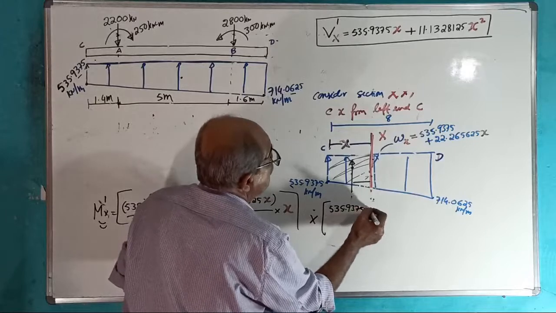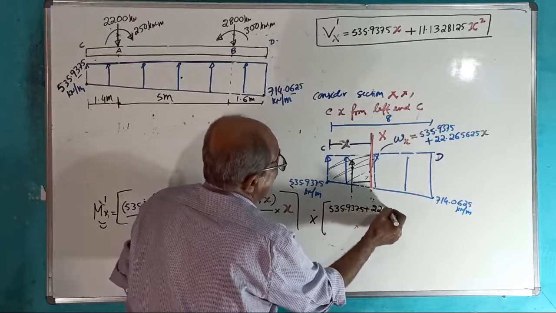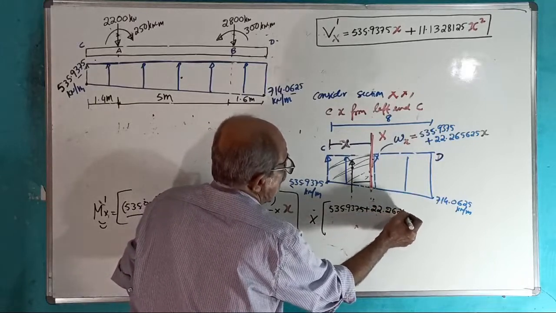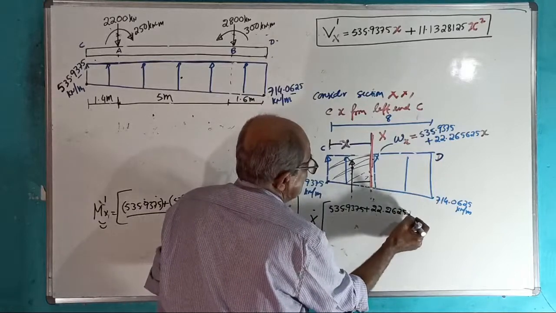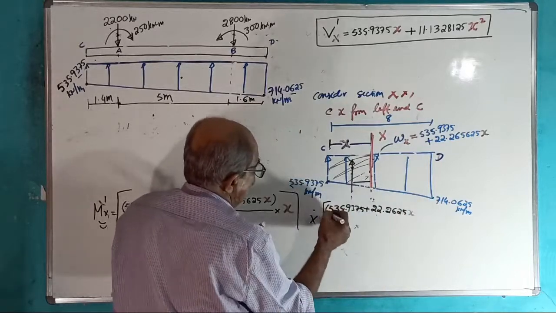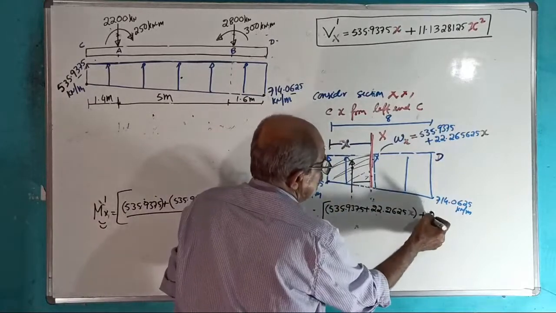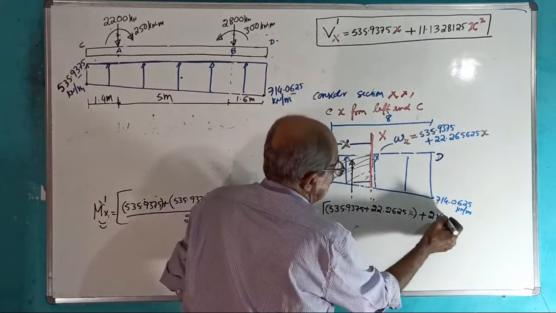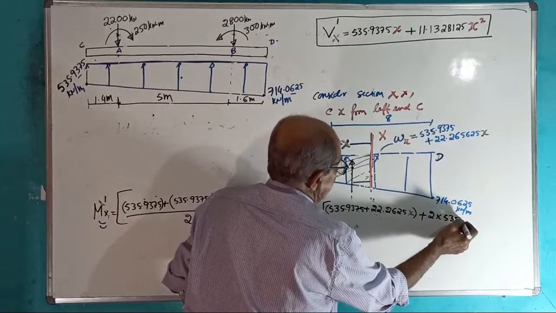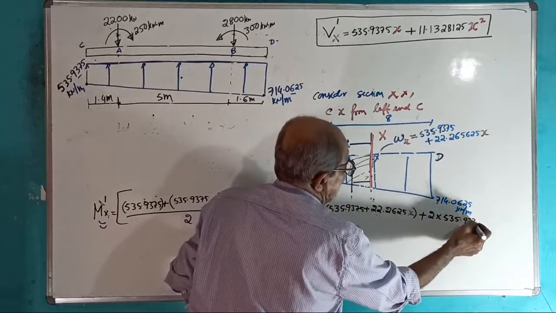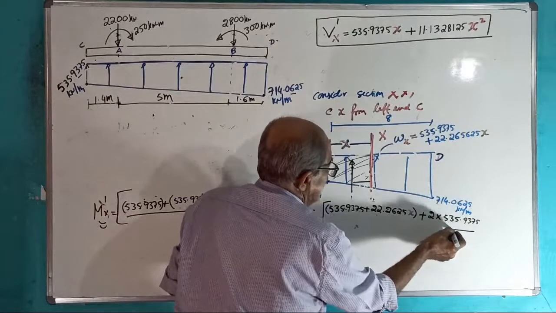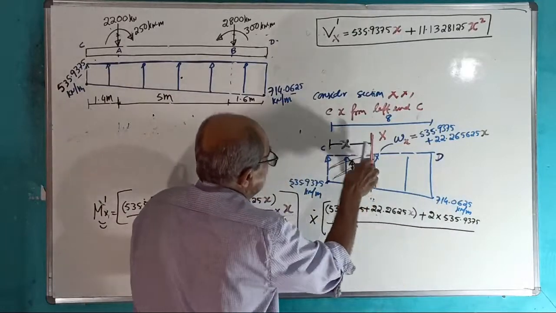It is 535.9375 plus 22.265625 times x, that side plus this side, plus twice of this side, twice of 535.9375, divided by that side plus this side.